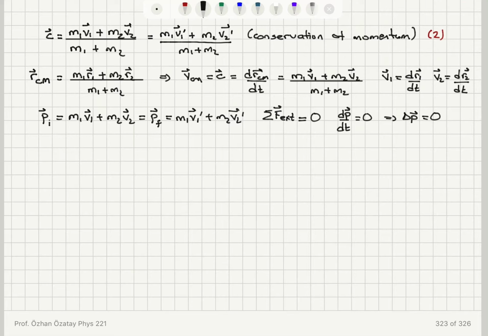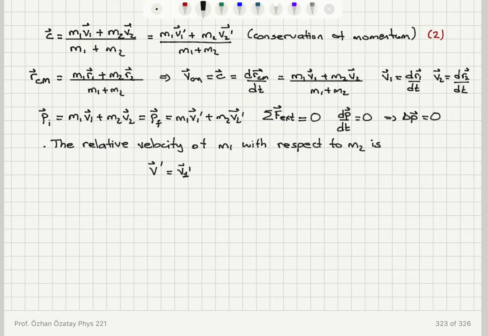Now let's continue. The relative velocity of m1 with respect to m2, the atom with mass m1 with respect to the atom with mass m2, is capital V prime, which is v1 prime minus v2 prime after the collision.